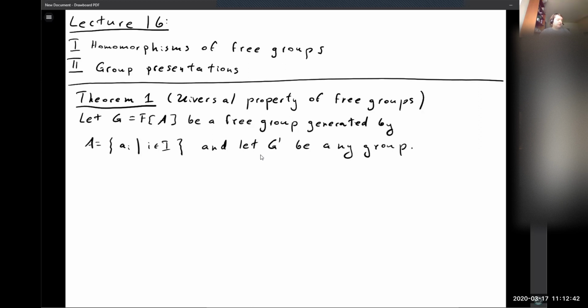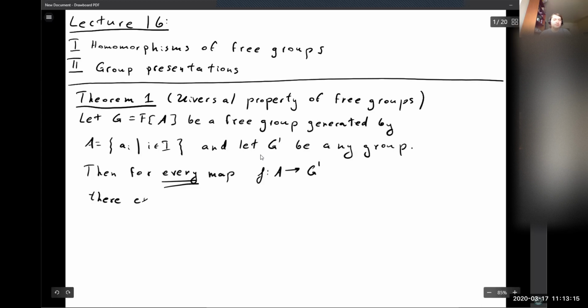Then the statement of the theorem is that for every map f from A to G prime. Again, A is not a group, so this is just some map which sends elements of A to G prime.